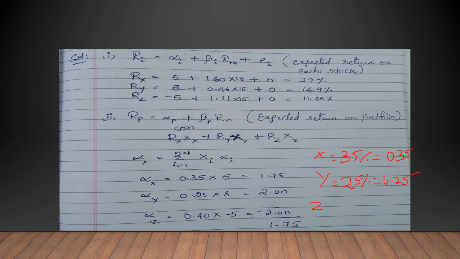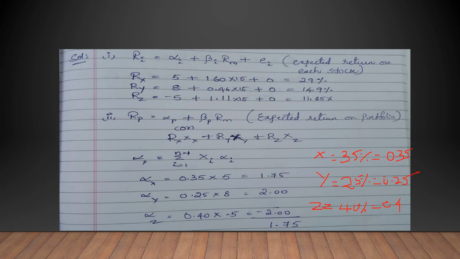Z is given as 40%, that is 0.4. So in this way you have to take the weight or proportion of the investment into the risk-free return of the investment.